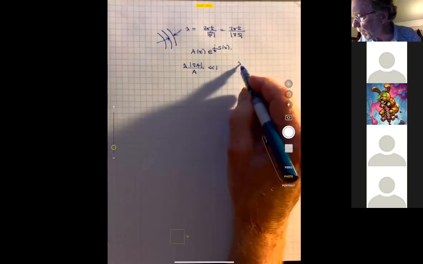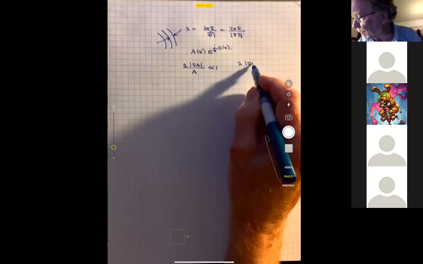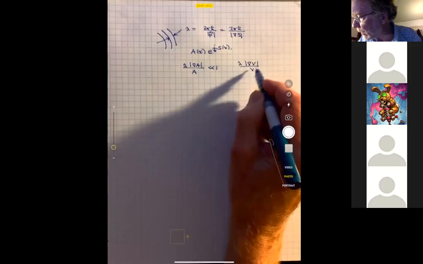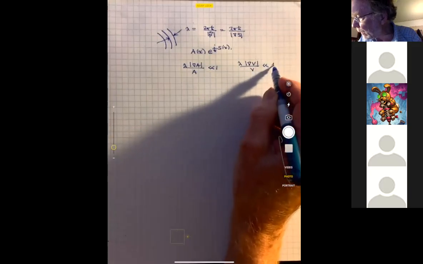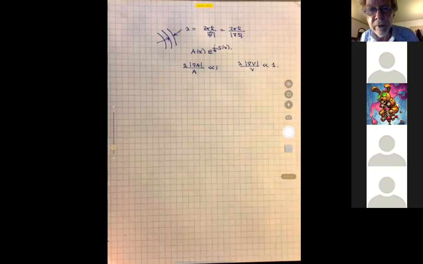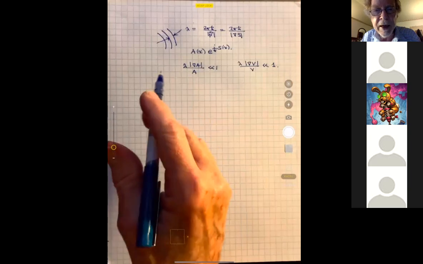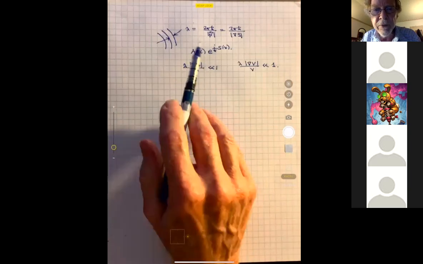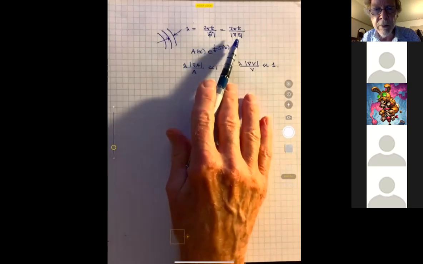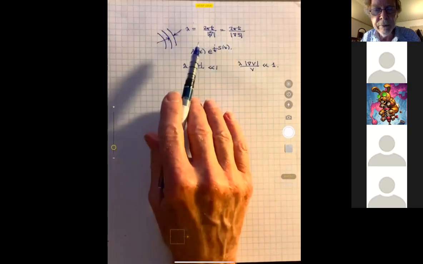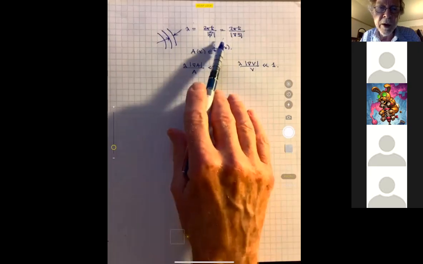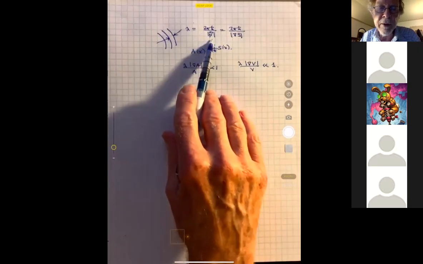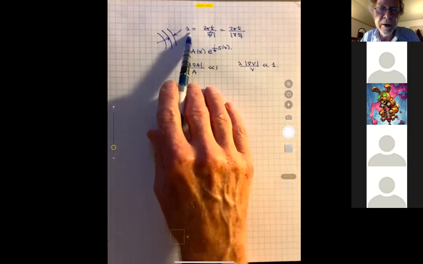You also require the same thing, for example, of the potential. The potential must also be slowly varying over a wavelength. And if this condition is not met, then this expansion in h bar is not going to work well. You see, the idea is that h bar is small, but in particular, one of the things that happens is that if the momentum goes to 0, then the wavelength goes to infinity.